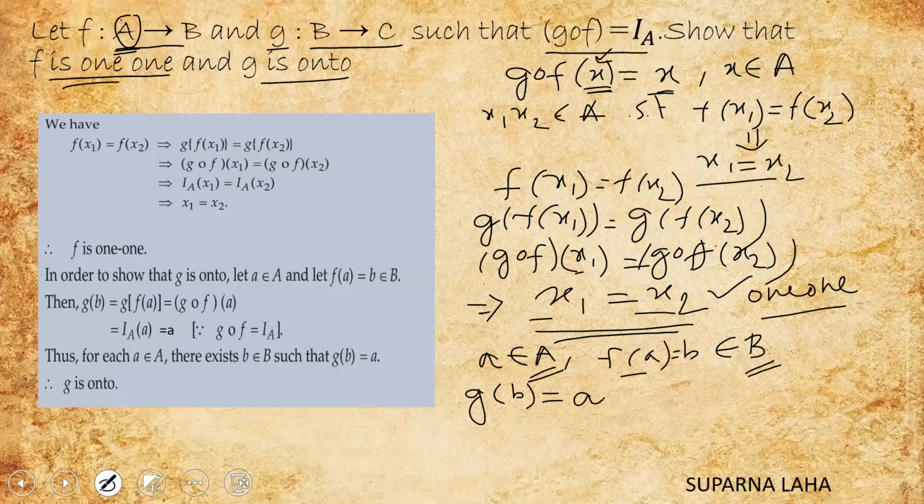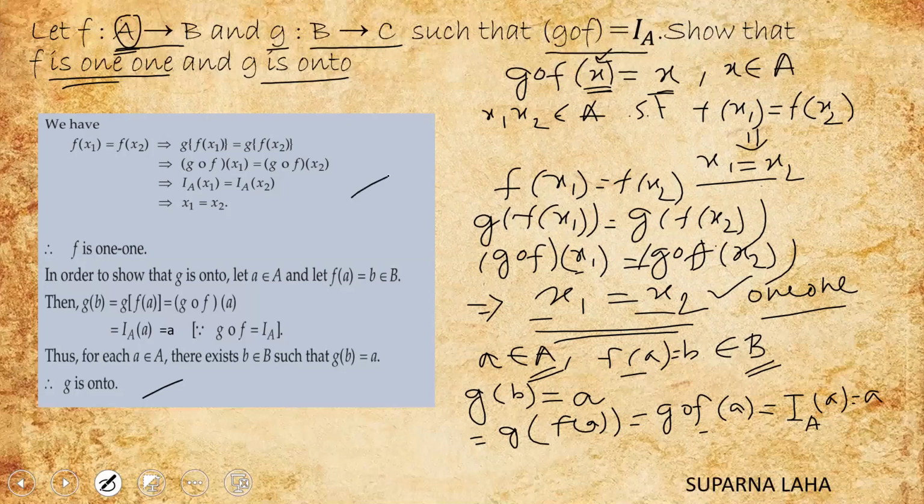Here g of b is g of f of a. Now g of f of a means (g∘f) of a, which is identity on A, that means a. Here you can check, that means g is onto. Here is your solution. You can check the solution.